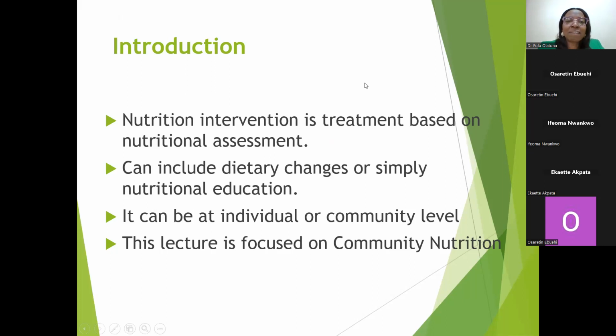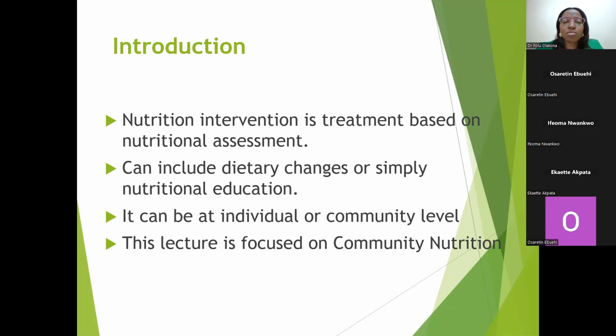Intervention is just an English word that shows that something is done to intervene, to stop a problem. So when we say community nutrition, most of the time it is a program that is held in the community to solve their problems.